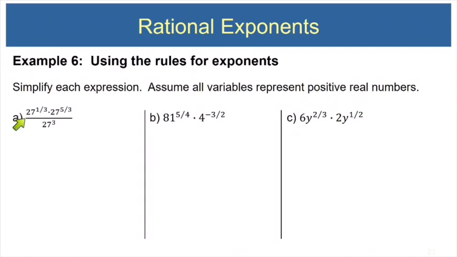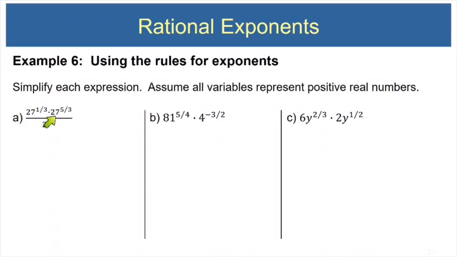Okay, here in part A, we have 27 to the 1/3 times 27 to the 5/3 all over 27 to the 3rd. Now, of course, you could go ahead and evaluate each one of these, but it's usually easier to let the exponents do most of the work and then evaluate at the end. So first, let's use our product rule to add these two exponents together.